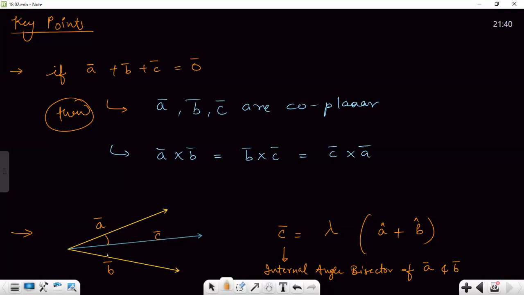Means these angles are equal. Any doubts? No, sir. Clear, sir. Okay.